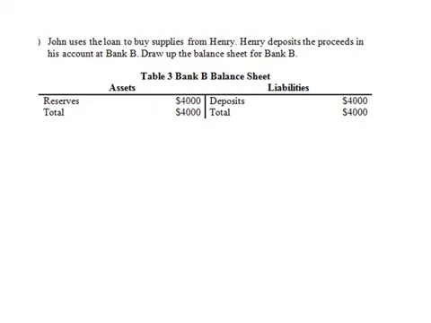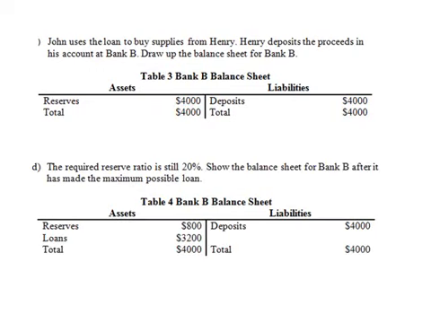Now Bank B also starts to lend out. Banks will generally try to lend out when they can to make some money. No point sitting on the cash. So Bank B starts to lend out. Again, you have the 20% required reserve ratio applied to all banks by the central bank. So Bank B must keep reserves of $800 with it. The rest of the 3,200 can be lent out, and we assume that Bank B does.